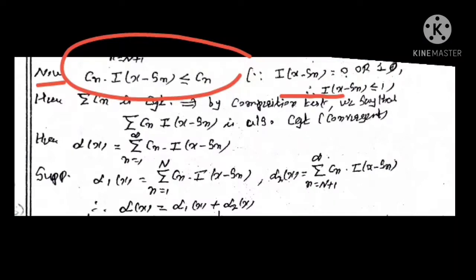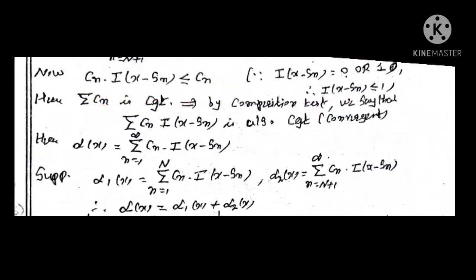So I(x minus Sn) is less than or equal to 1. Here sigma Cn is convergent. Therefore, by comparison test, we say that sigma Cn into I(x minus Sn) is also convergent.